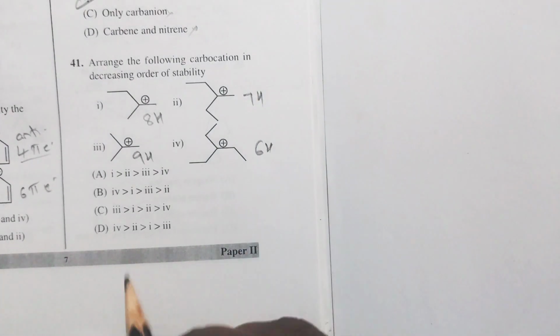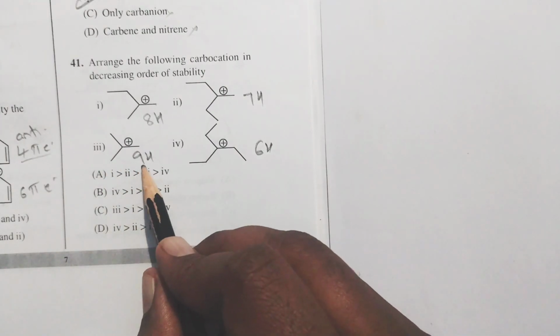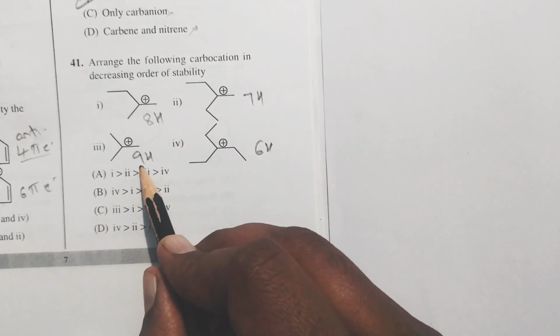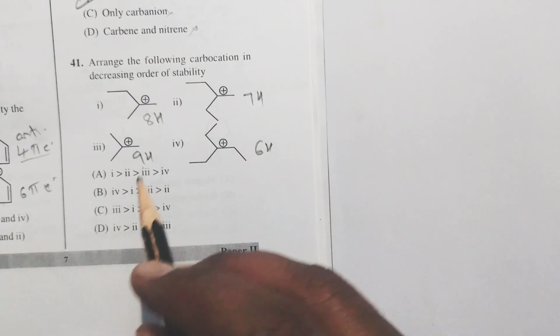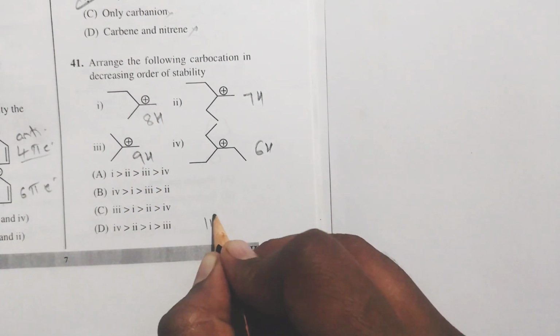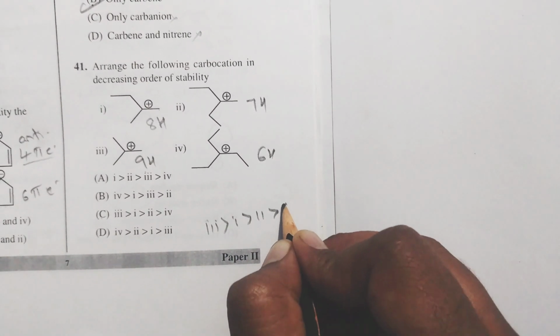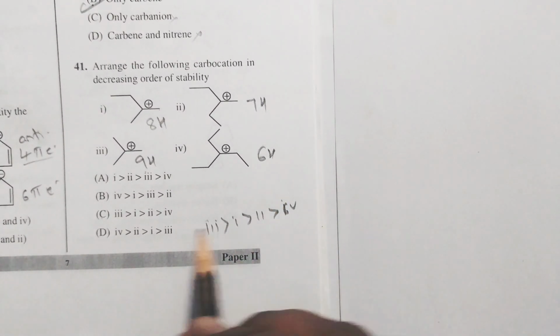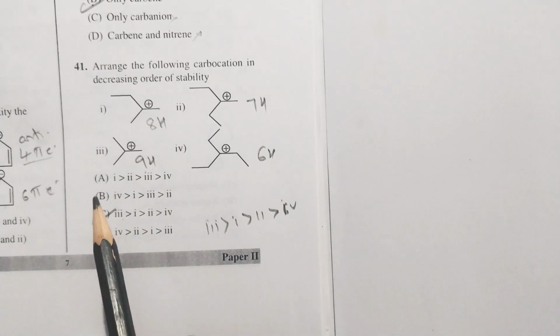Here 6 hydrogens. Hence, option 3 is having more alpha hydrogens, so it can give more hyperconjugation structures. Hence 3 is having higher stability than 1, than 2, than 4. 3, 1, 2, 4. Option B is correct.